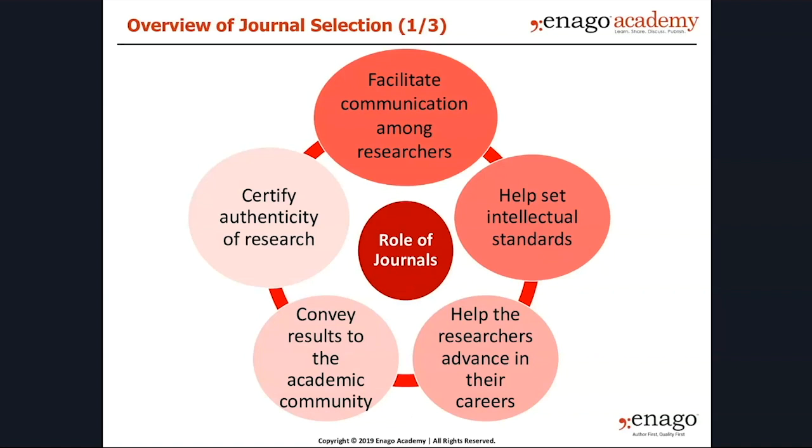And journals help to set intellectual standards through a number of ways, partly through the selectivity of choosing which articles to publish and which to accept, partly through the researchers involved in the community around the journal, the editor, the editorial boards, the wider group of authors and reviewers. They all help to set academic standards and progress the field in certain directions.